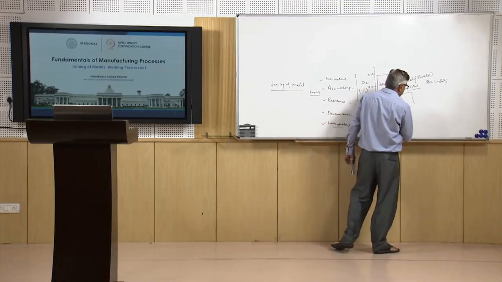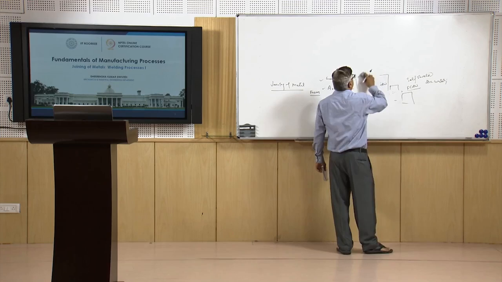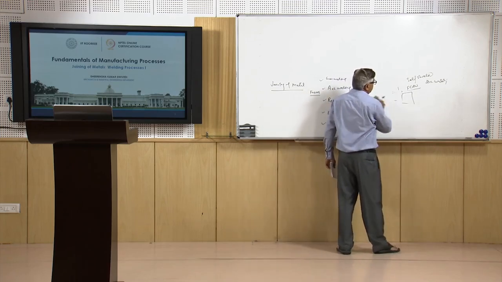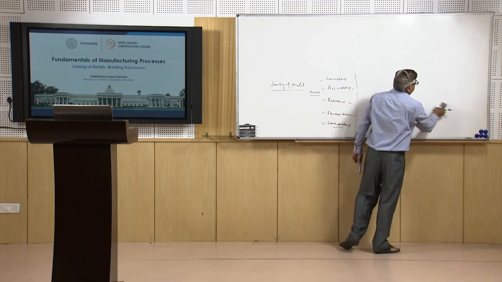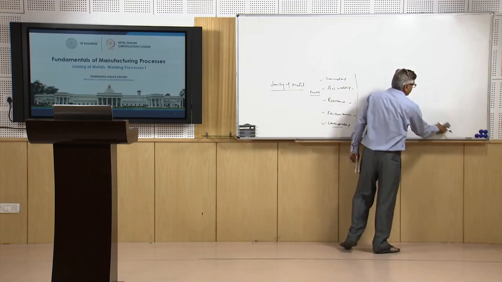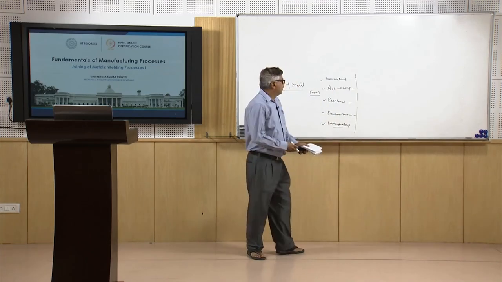The oxygen and nitrogen in the weld metal will react with the metal, which in turn will lead to the formation of oxides and nitrides, and the presence of these oxides and nitrides in the weld metal as inclusions will adversely affect the mechanical properties of the weld joint.